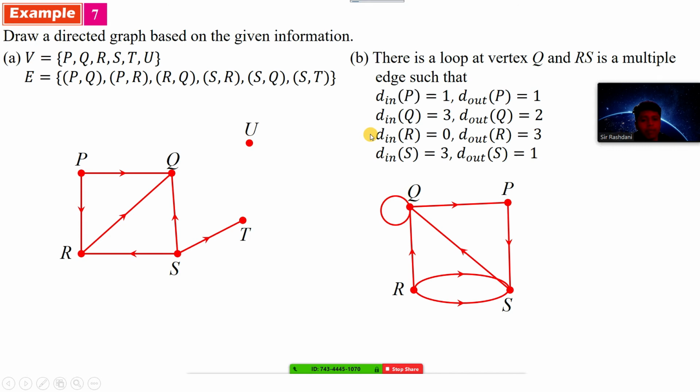For R, the in is 0, all is out, so out to Q and out to S, out to S. For S, the in is 3, so in 1, 2, and another one is this one, 3, from P. And then the out of S is just 1, going up to Q here, like that.